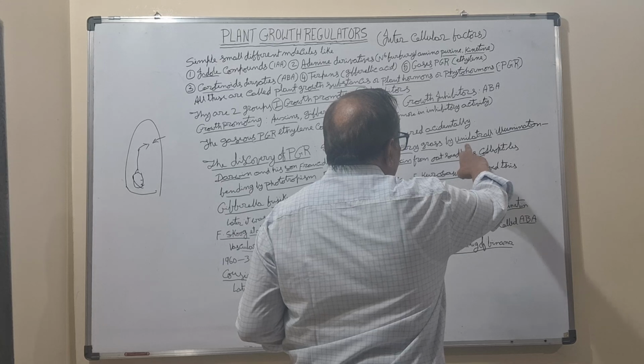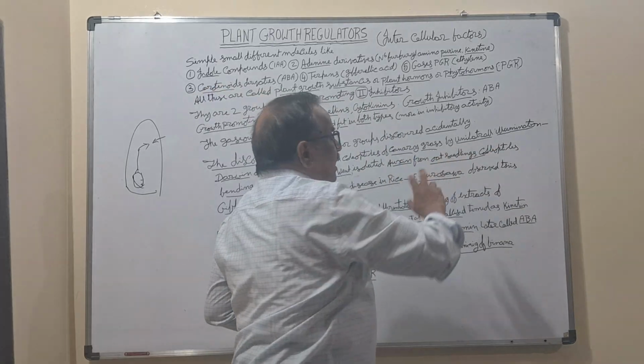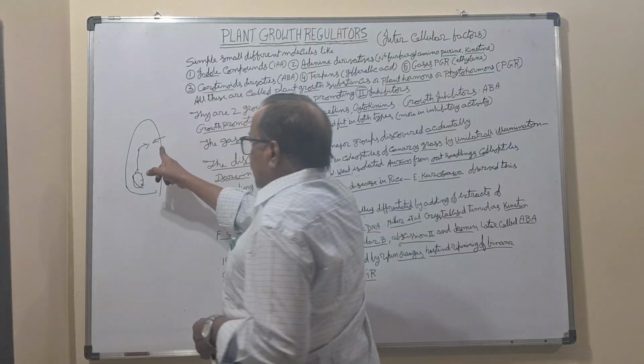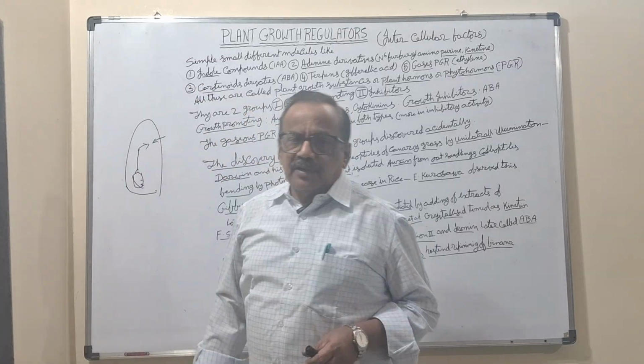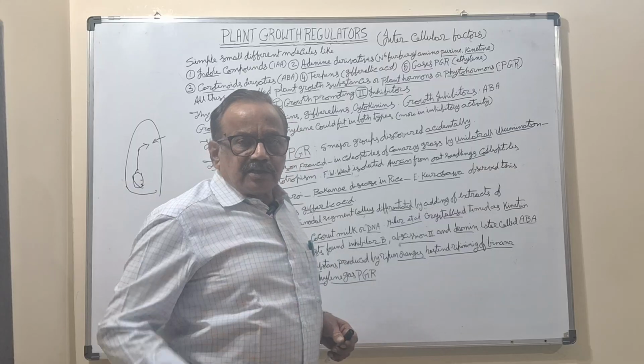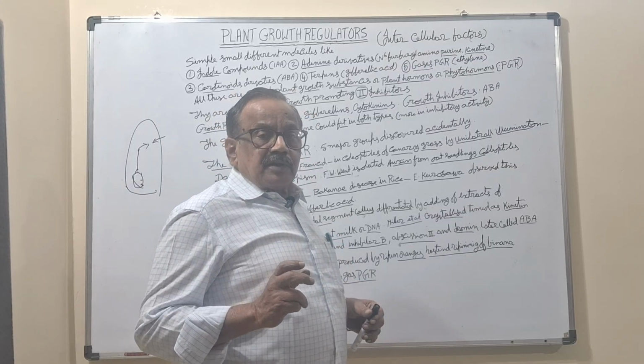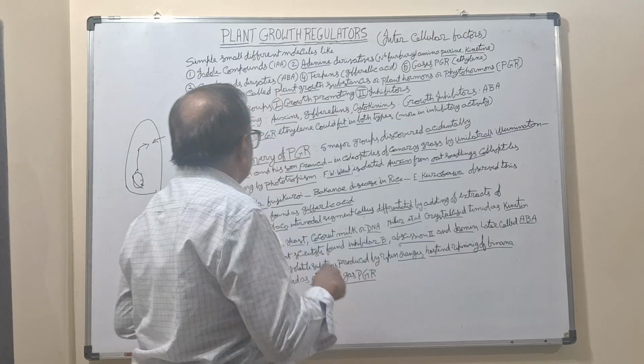That is the unilateral illumination. Only one direction they send light, and in that direction only the plant bent. Why is it, what is the cause? That I will discuss in auxins. So auxins are the cause for phototropism and geotropism.